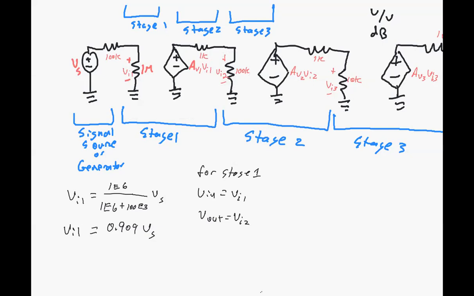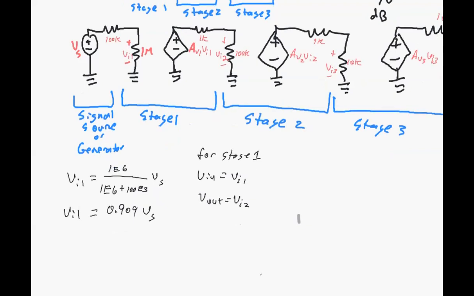It's kind of confusing, and you've got to be able to draw it in a way that helps you understand what's going on. So we could understand what the gain of this stage is, what AV1 is.